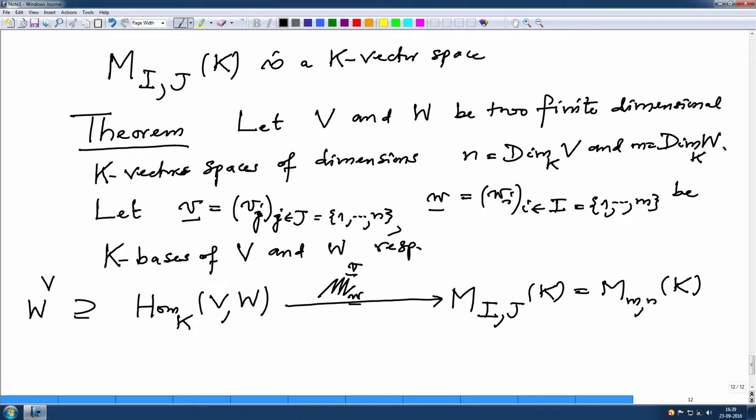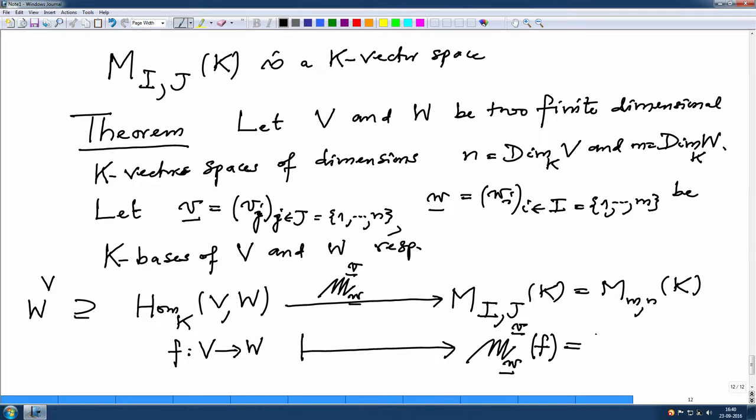Any k linear map f from V to W maps to its matrix with respect to these bases, M_{V,W}(f), which is (a_ij), i in I, j in J, and these a_ij's are defined by this equation.